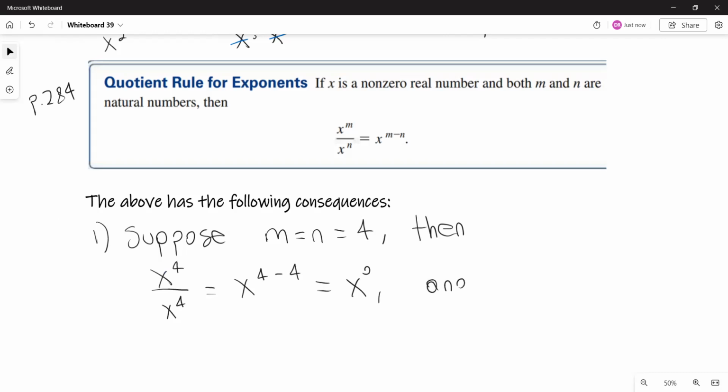And using the definition, x to the 4 over x to the 4th, if you're dividing a number by itself, the result is going to be 1.